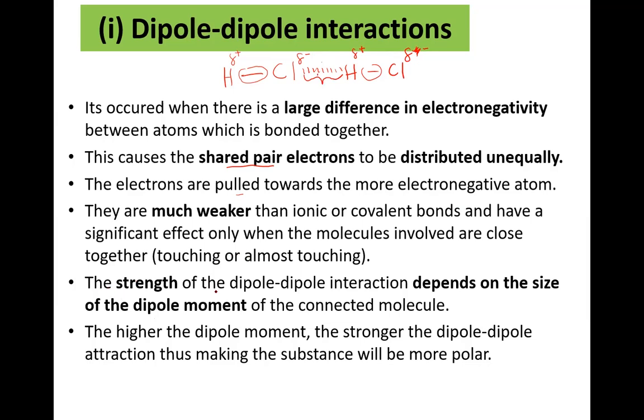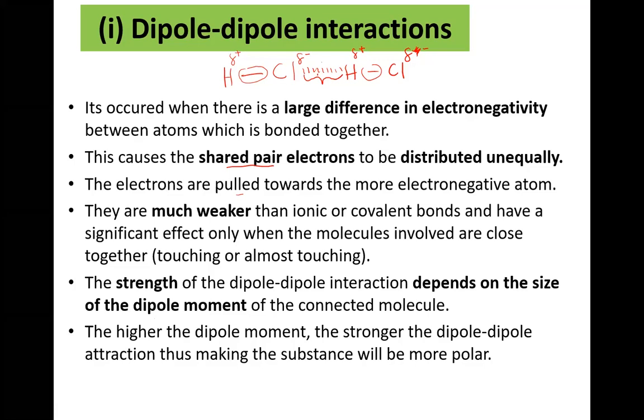The strength of the dipole-dipole interaction depends on the size of the dipole moment of the connected molecules. The higher the dipole moment, the stronger the dipole-dipole attraction, thus making the substance more polar. Dipole moment is actually a quantitative measurement that describes two opposite charges separated by a distance.